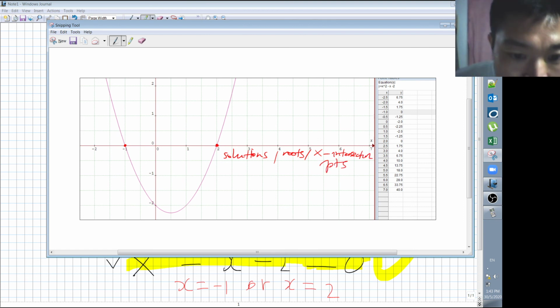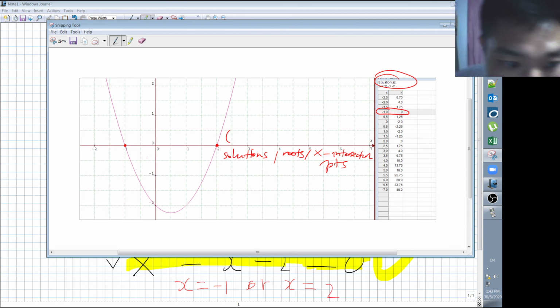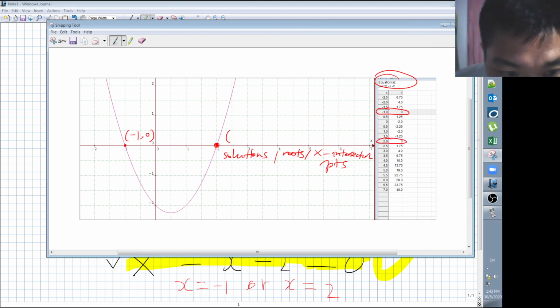If you read this plot point table here, you should notice that when your x is equal to -1, your y is equal to 0, which refers to this. And then another x intersection point is the point (2, 0).